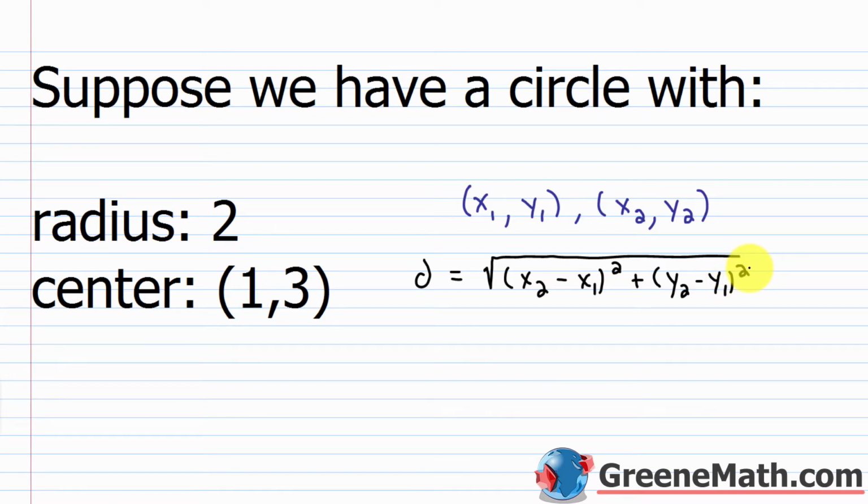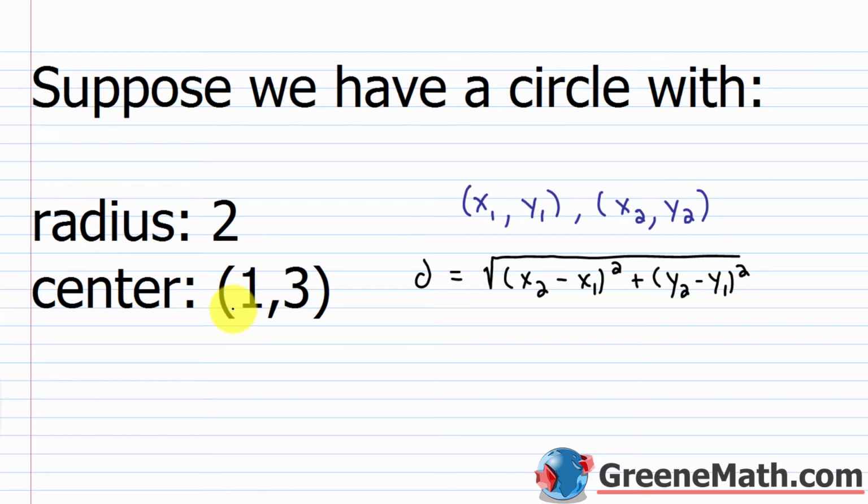How do we use this information to obtain the equation for a circle? If I'm given the center of the circle, which is not actually on the circle but in the middle, and I'm given the radius, the radius gives me a distance from the center to any point on that circle.